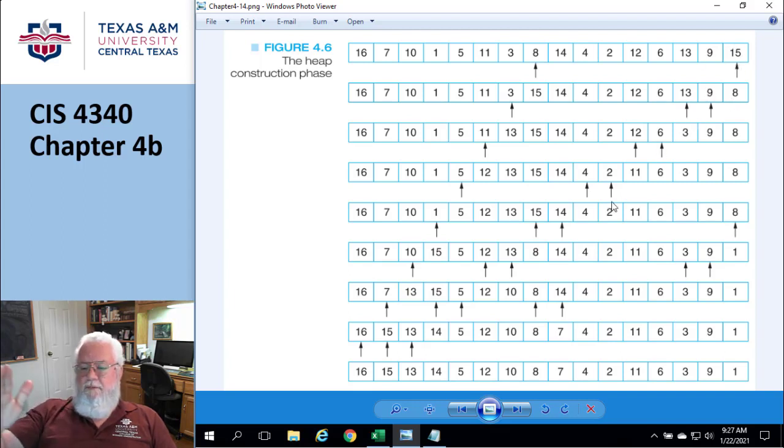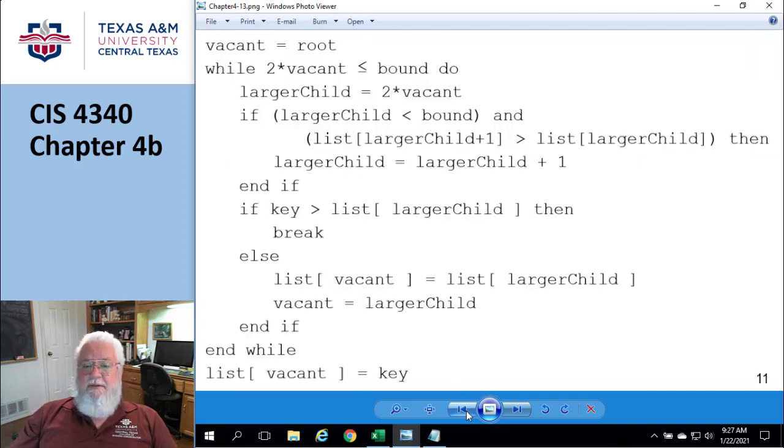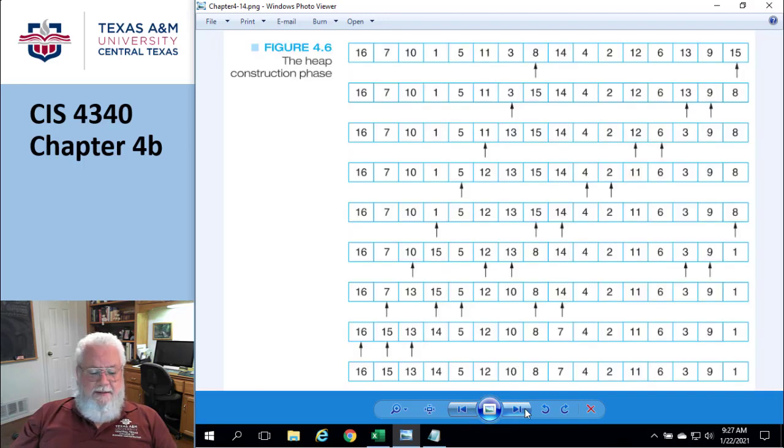So it just walks its way all the way through. Okay. So the worst case scenario, it should be fairly obvious that the fix heap is where most of the work happens, right? The fix heap is where things get moved around, okay? That's kind of the idea.